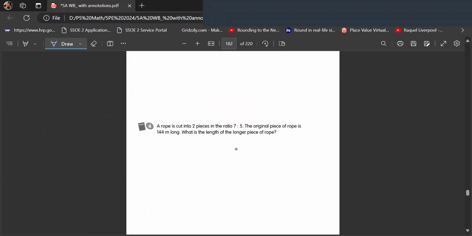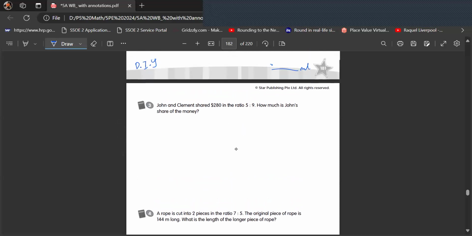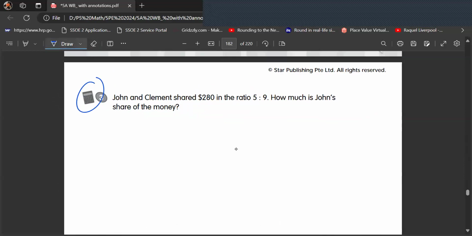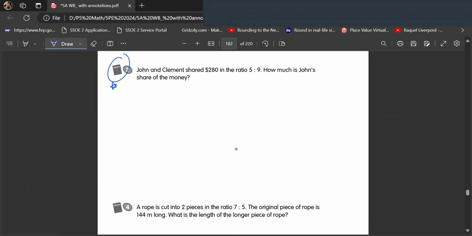So for page 182, the good thing is that, look, they're calculator questions. So the challenge here is not about doing the calculations, but whether you can figure out John and Clement and the total.